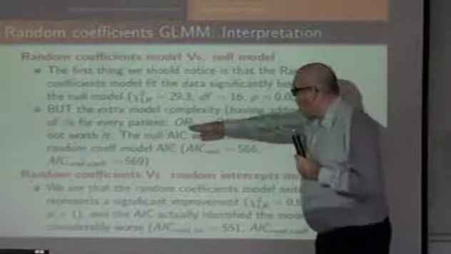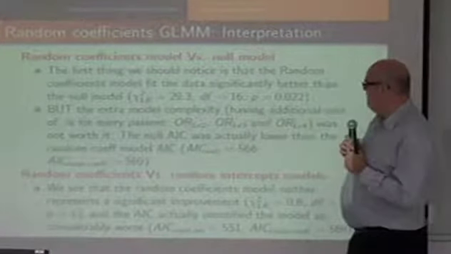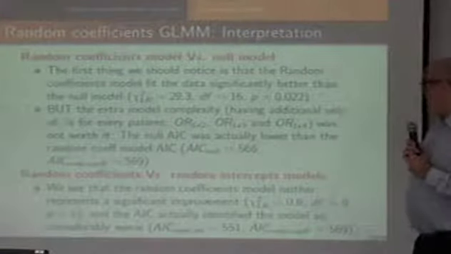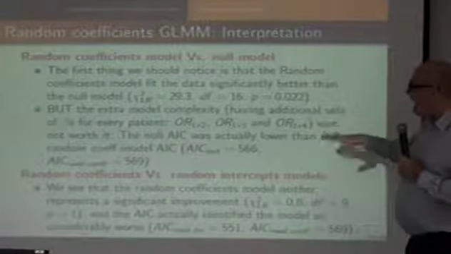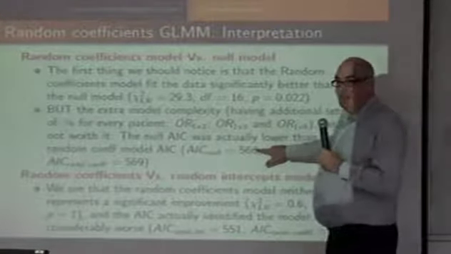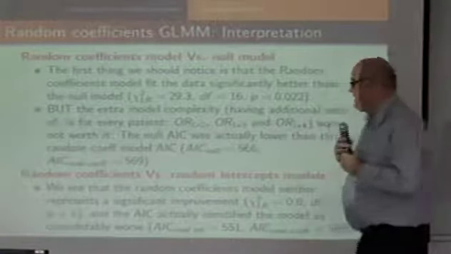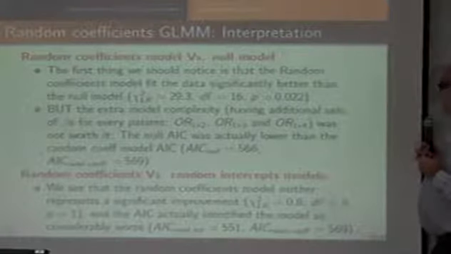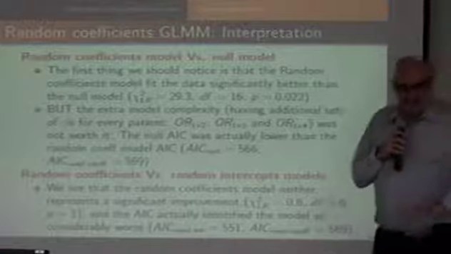So we had 3 extra betas for every patient. So the null AIC was actually lower than the random coefficients model, not only the random intercept. So comparing random coefficients versus random intercept, we can see that it just wasn't worth it. Random intercepts is the answer here.